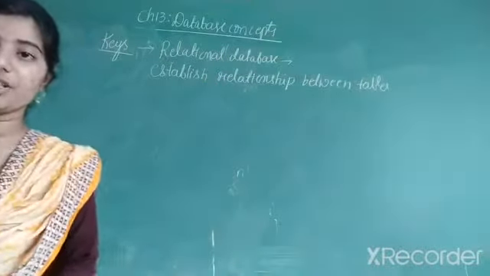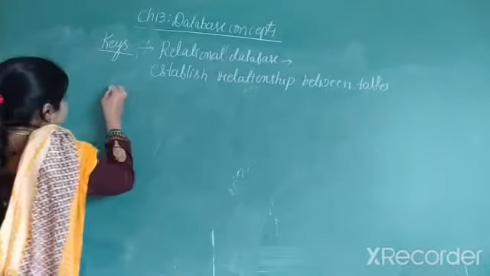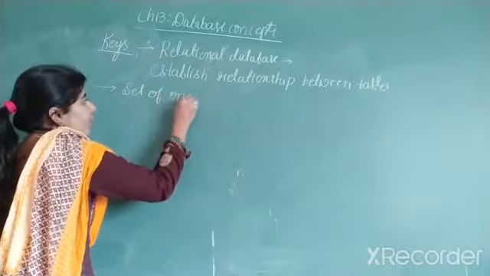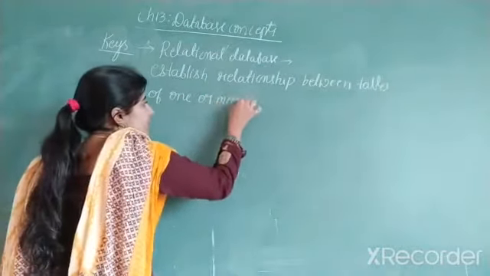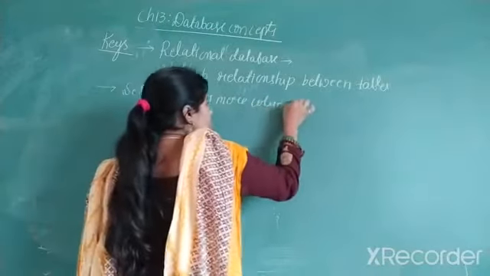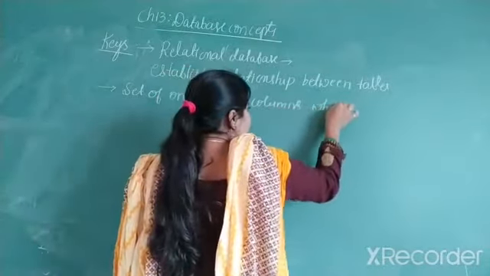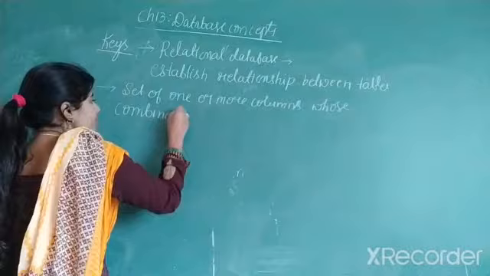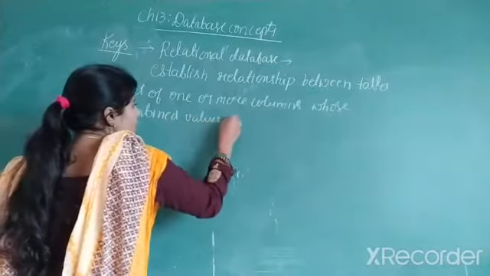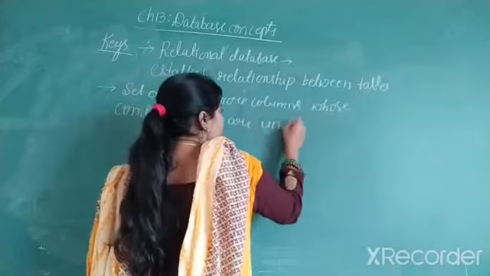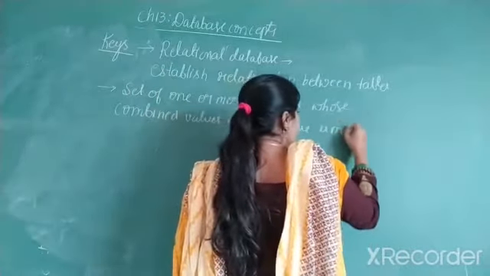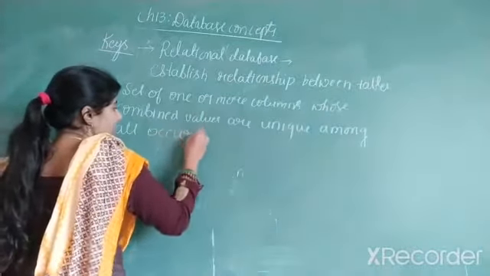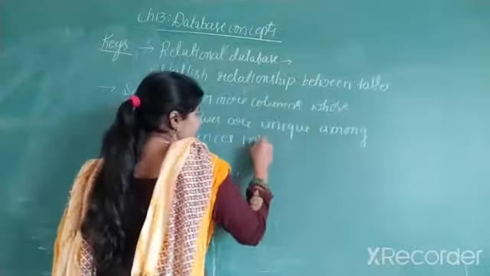Then what is the definition of a key? A key is defined as a set of one or more columns whose combined values are unique among all the occurrences in the table.